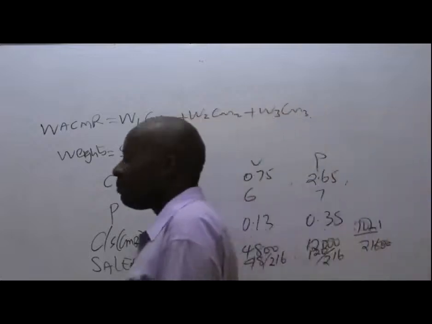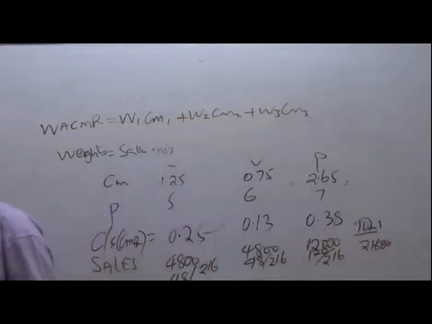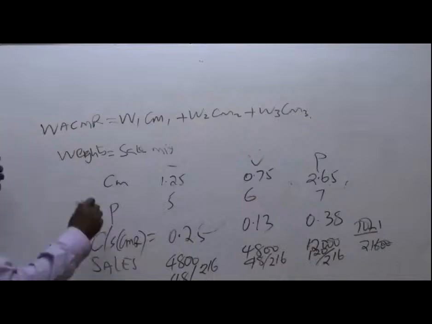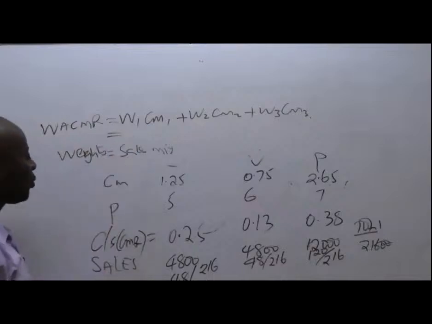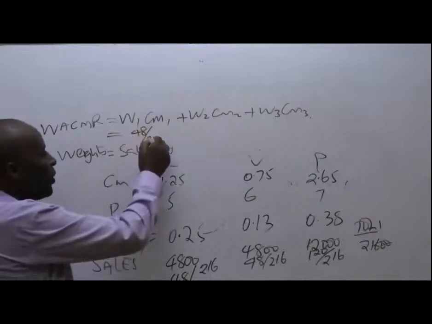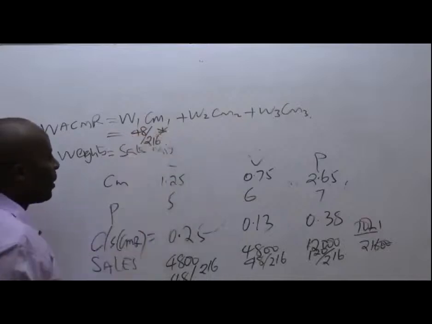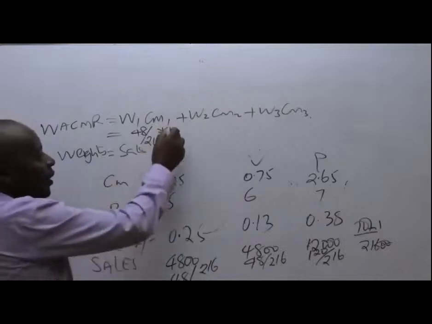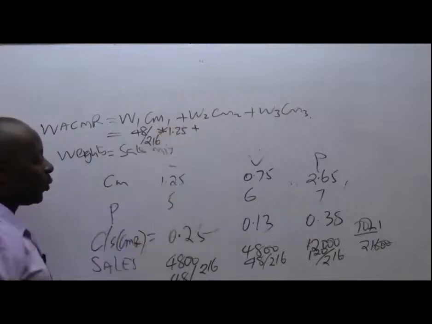So please come back here to our work memory thing. What do we have, ladies and gentlemen? We have weight 1. Weight 1 here is 48 over 216 times contribution margin 1, which is 1.25, plus weight 2.